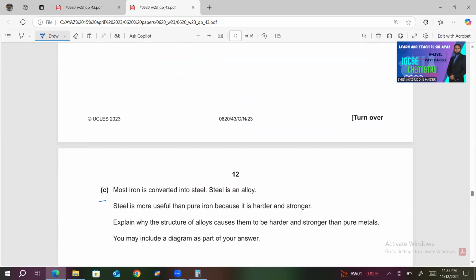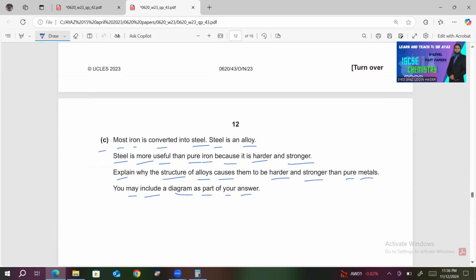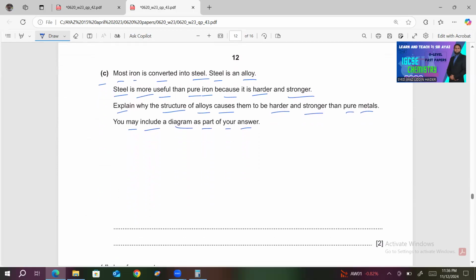Moving to the next question. Most iron is converted into steel. Steel is an alloy. Steel is more useful than pure iron because it is harder and stronger. Explain why the structure of alloys causes them to be harder and stronger than pure metals. You may include a diagram as part of your answer. So you have different size atoms here, which prevents the small atoms from sliding over one another.